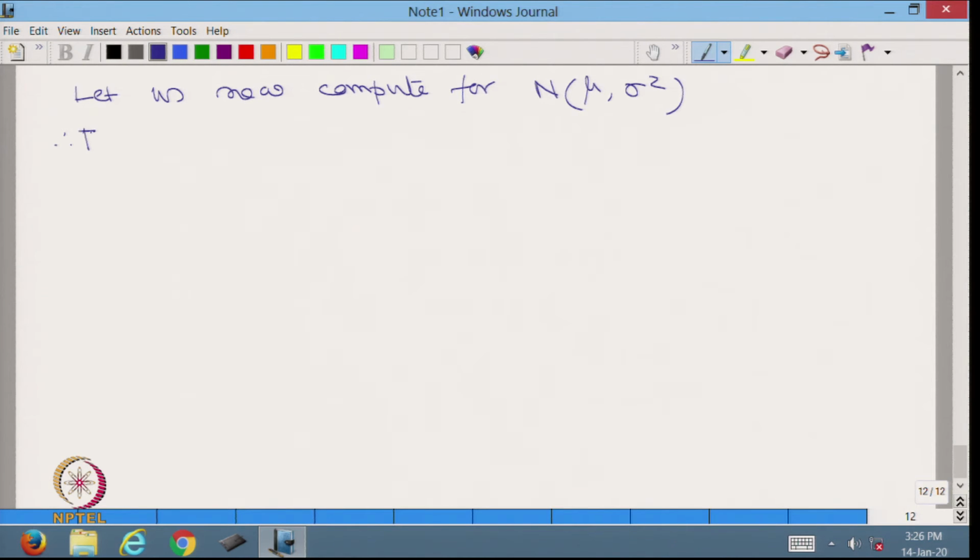Therefore, expected value of e to the power tX is equal to 1 over root 2 pi sigma, integral from minus infinity to infinity of e to the power tx into e to the power minus (x minus mu) whole square upon 2 sigma square dx.